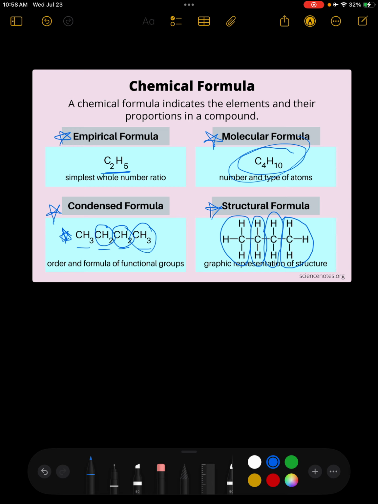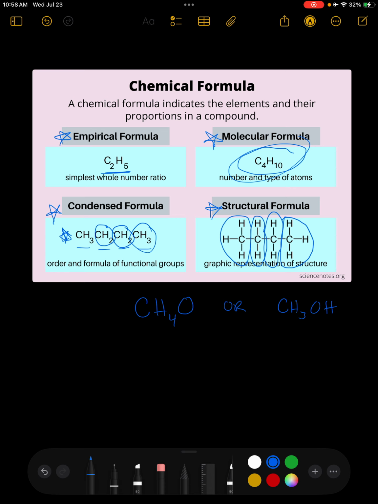So like if we were doing this molecule, for example, you can represent that molecule as CH4O, or you can see it written as CH3OH. And both of these are the exact same molecule.